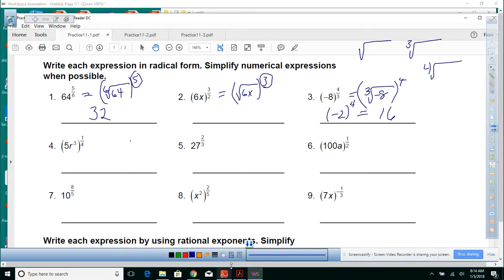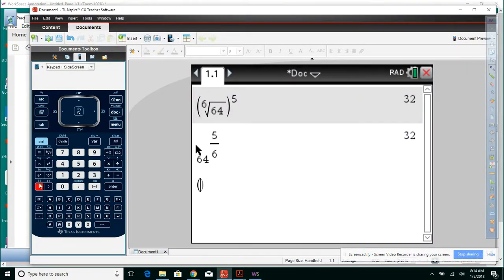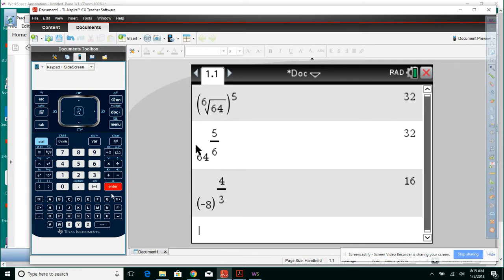Let's try that in our calculator just to make sure. Open parentheses, -8, close parentheses, caret, and then we've got 4/3. So control, divide, 4 over 3, and that gives you positive 16.